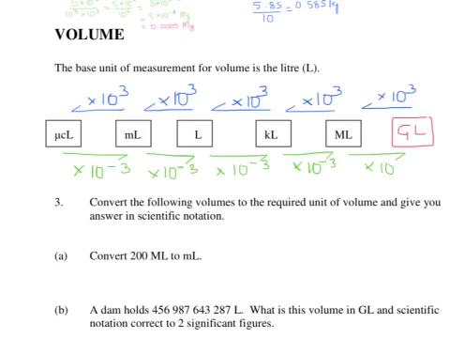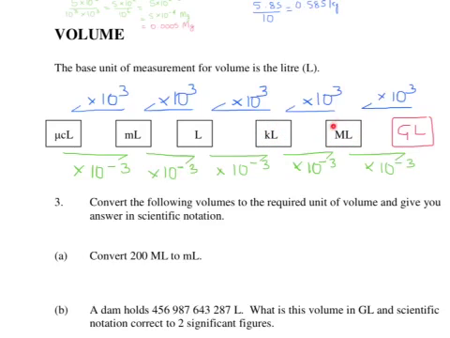Okay, so if you think about it, when we buy our milk from the supermarket, we buy it in litre or 2 litre or 3 litre containers. When we look at the amount of water we use in our homes, it's in kilolitres.